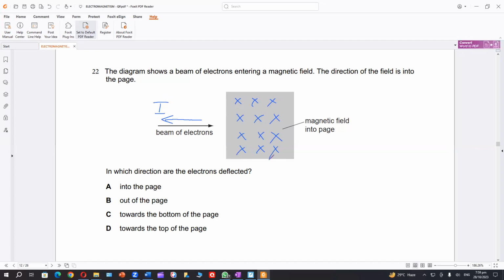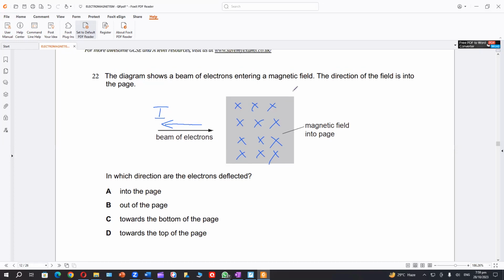So when the charged particle enters the field, you say the answer is C, towards the bottom of the page. If you put Fleming's left-hand rule, force is coming like this, towards the bottom of the page.